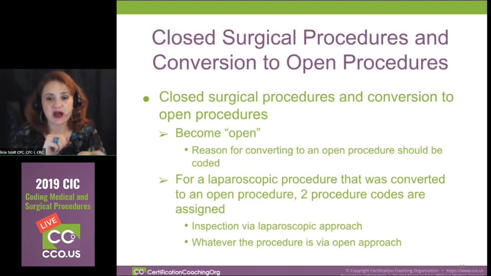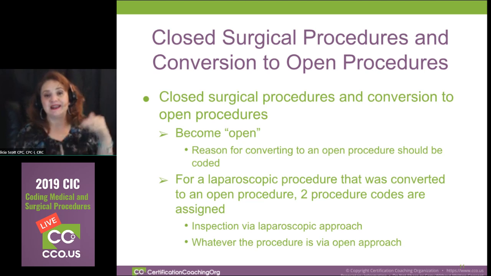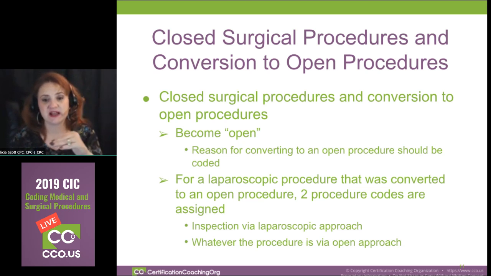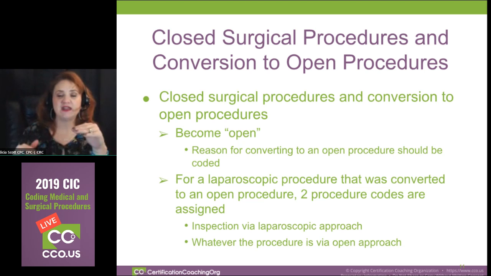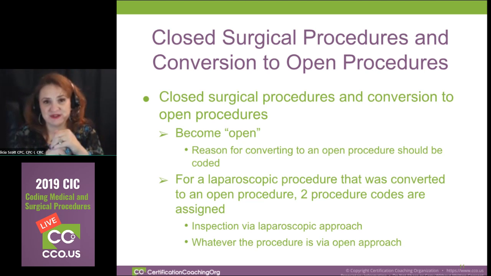So if you have a laparoscopic procedure and you convert it to an open, you're going to actually code 2 codes, because you get to code an inspection as laparoscopic approach, but then we get to code the open procedure. Isn't that great? We get to assign 2 codes. The laparoscopic, because we got in there and we looked around, they get to be reimbursed for that.